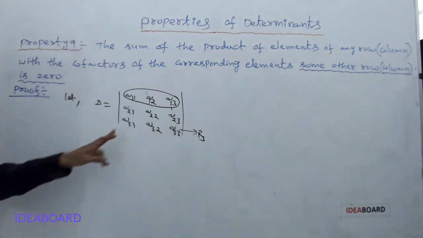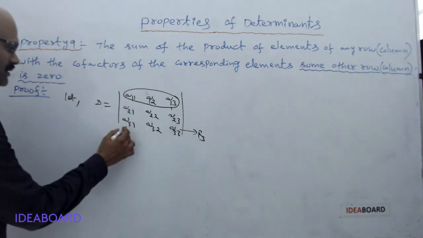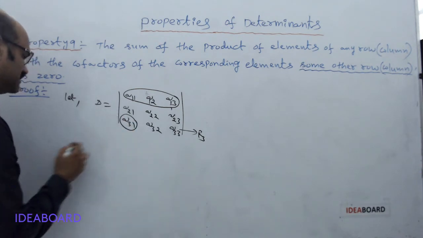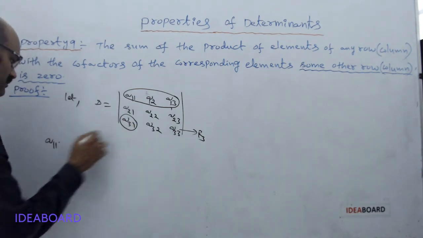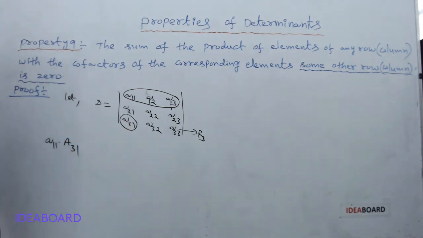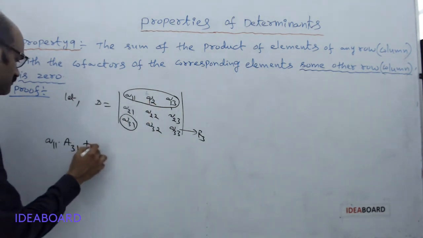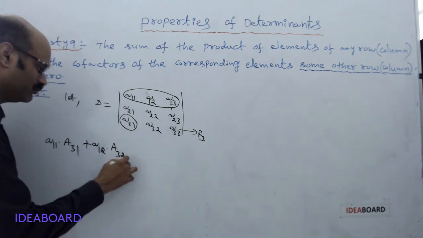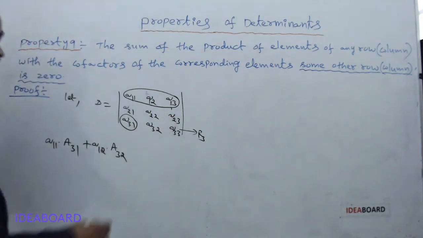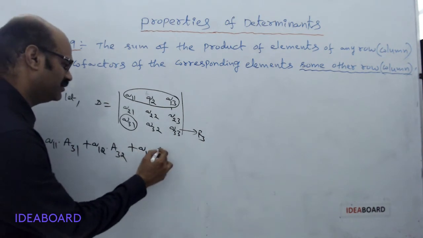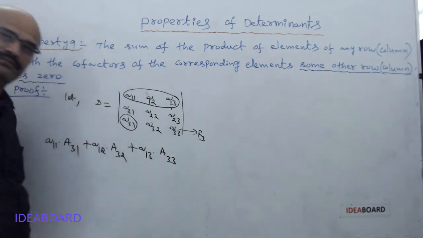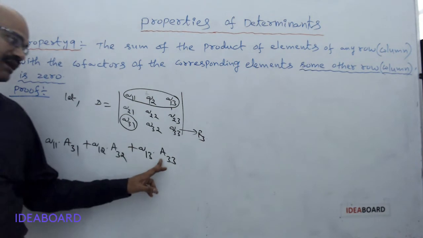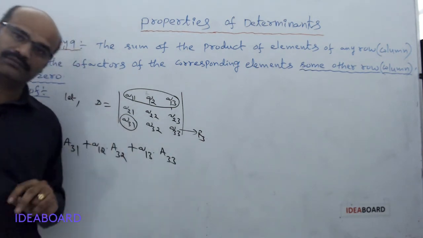So I will take R3 here now. The cofactors of R3 are, the cofactor of A31 is capital A31, A12 into capital A32, now plus A13 into A33. The value of this one will be always equal to, we have to prove 0 now.